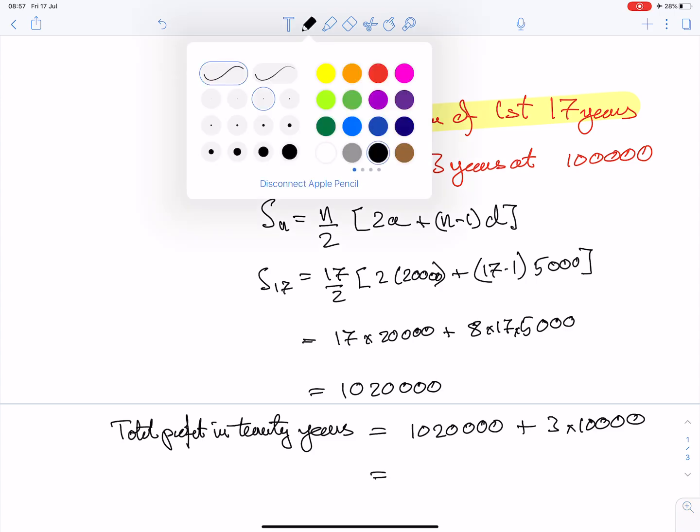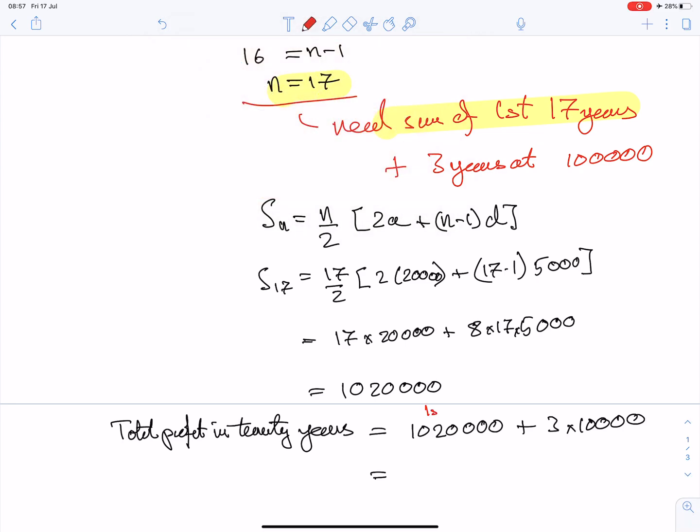So that adds an extra £300,000. So we get 1,320,000 as our final answer.